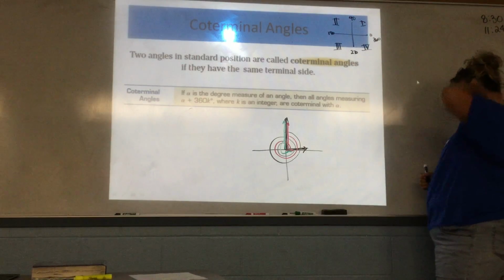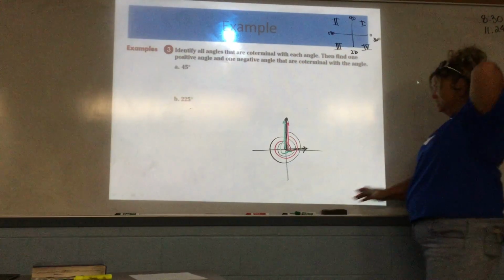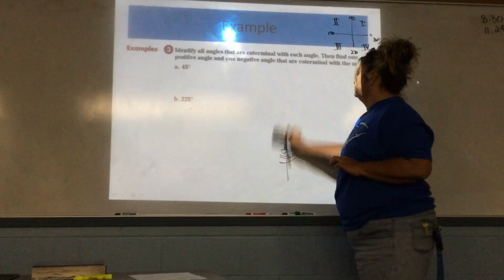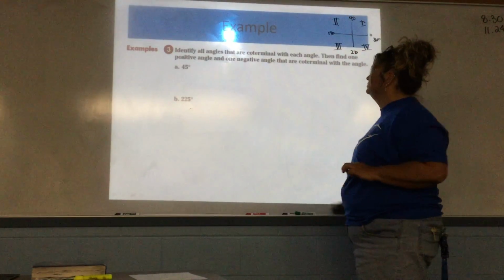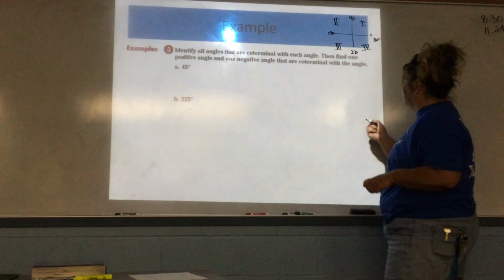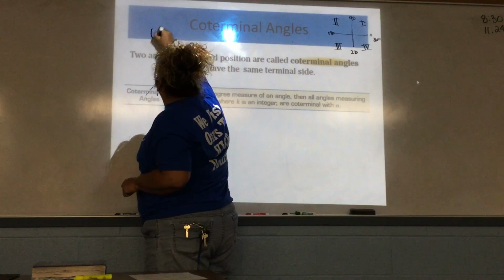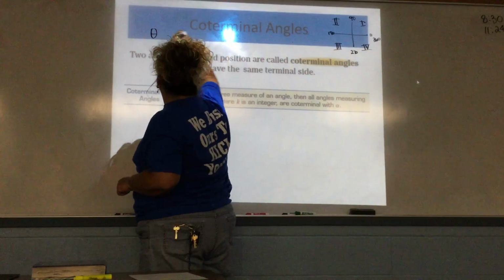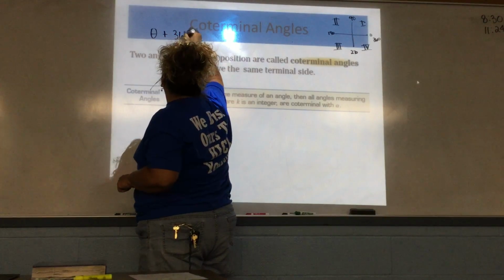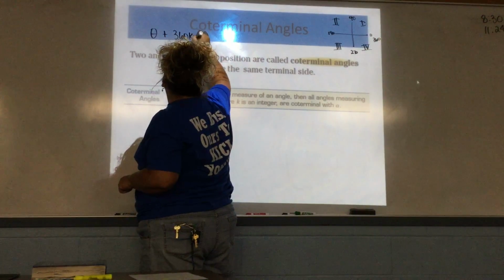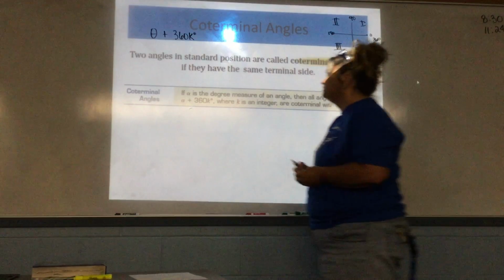All right, so go ahead and hit enter. All right, so let's look at this one. Actually, go back and I'm gonna write this real quick. All right, go ahead and hit enter.